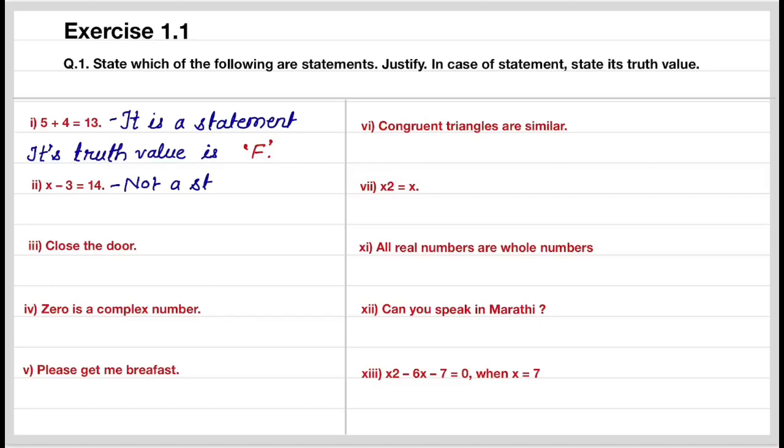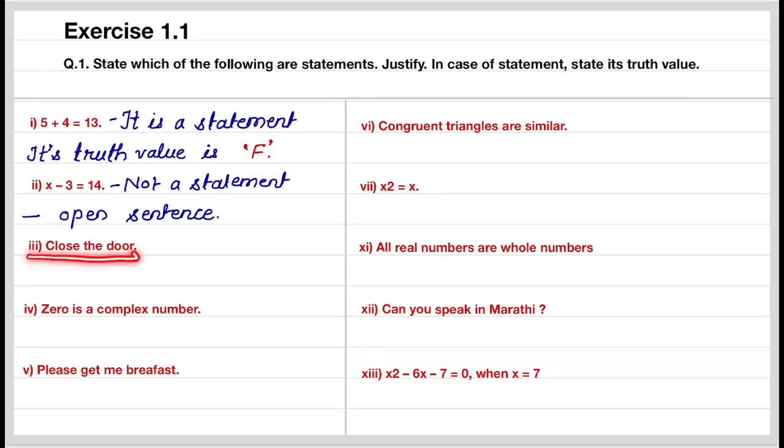Why? It is an open sentence. Open sentence. Remember it. Open sentence is not a statement.